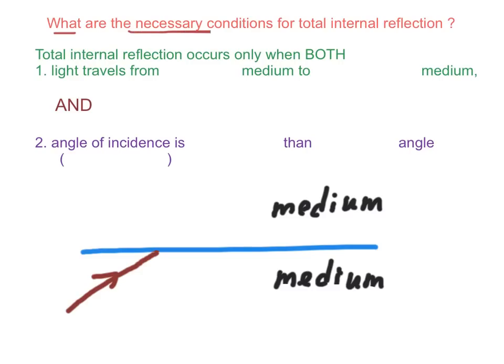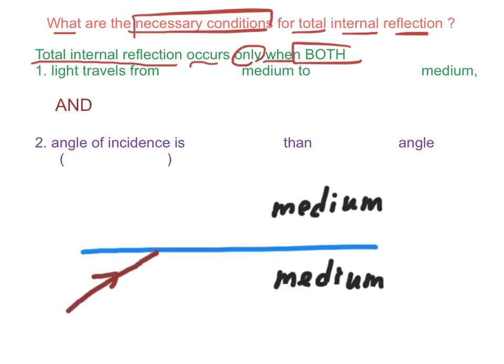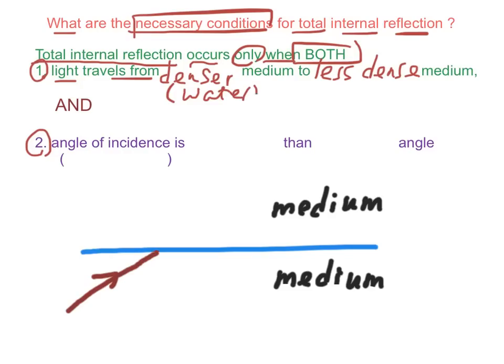What are the necessary conditions for total internal reflection? Total internal reflection occurs only when both conditions are met. First, the light travels from a denser medium to a less dense medium, for example, the light travels from water to air.